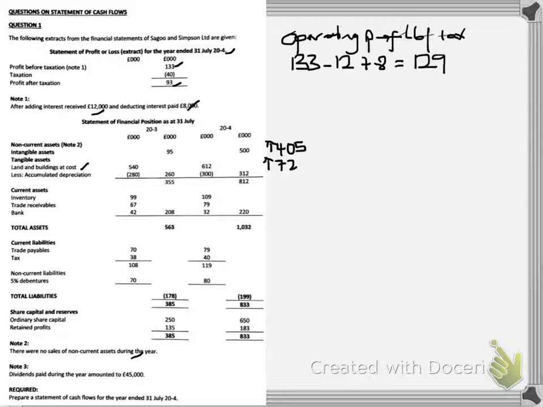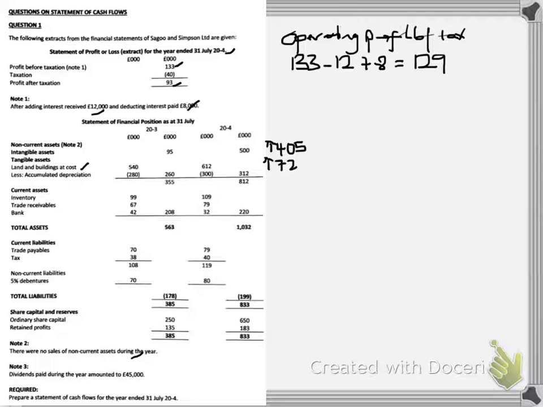So, no disposal of asset, which means that the increase of 72 pound here represents the land and building bought during the year. So that will go into the statement of cash flows under investing activities, and we will label it as payments to acquire land and building.